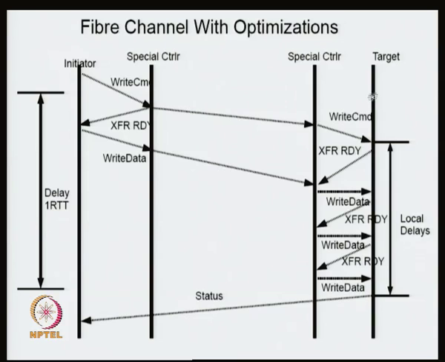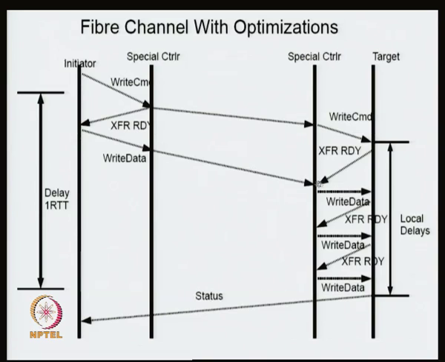Because they are co-located, the minute the special controller gets this write command from this distance, through the wide area network, whatever, this write command is received quite quickly, and this target can respond immediately, as quickly as it can. And once this transfer ready is done, then this data is sent in a bulk fashion, as fast as one can imagine, across whatever special protocols you are using.